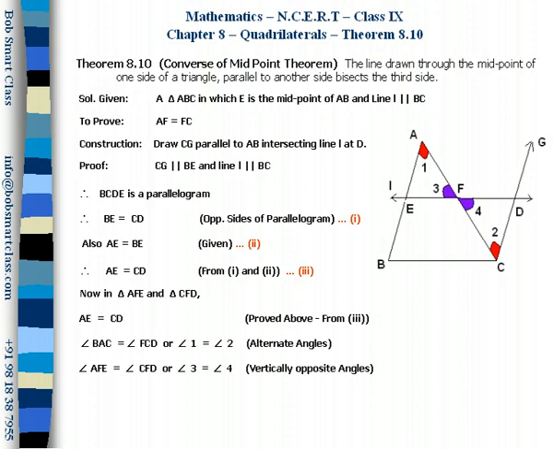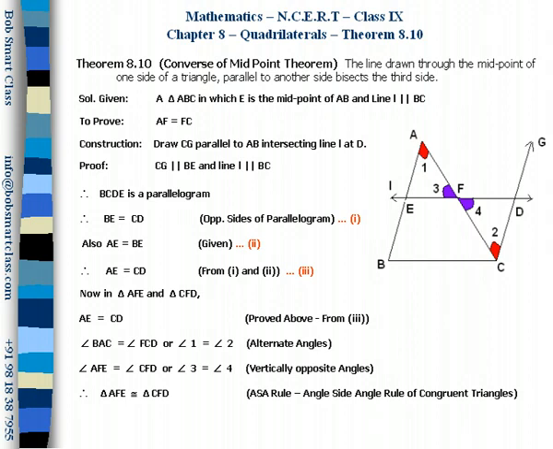Also, angle AFE equals angle CFD, or angle 3 equals angle 4, which are vertically opposite angles. Hence, by the ASA rule, that is the angle side angle rule, we can say that these two triangles are congruent.